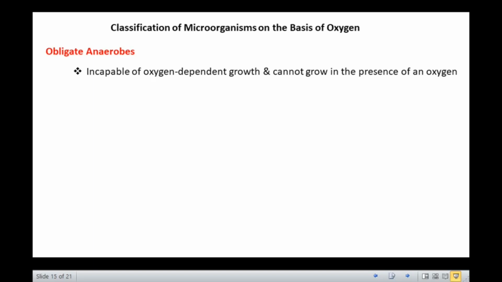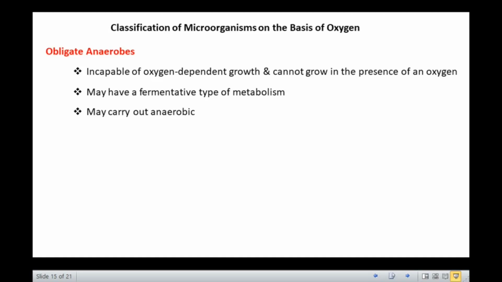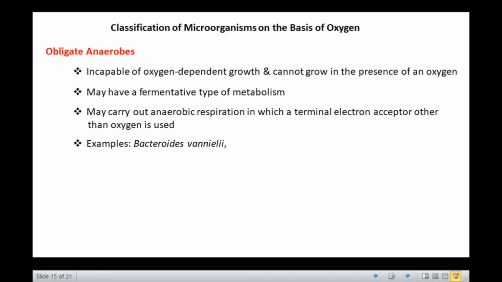Some anaerobes may have a fermentative type of metabolism. Others may carry out anaerobic respiration in which a terminal electron acceptor other than oxygen is used. Examples are Bacteroides, Clostridium pasteurianum, and Methanococcus.